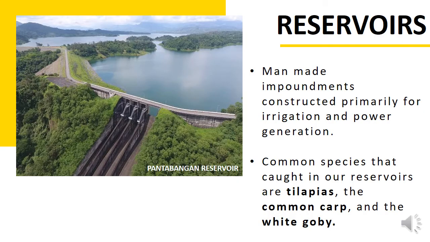Another freshwater ecosystem in the Philippines is the reservoir. In this picture is the Pantabangan Reservoir. It is a man-made impoundment constructed primarily for irrigation and power generation. In this reservoir, the common species are tilapias, common carp, and the white goby.